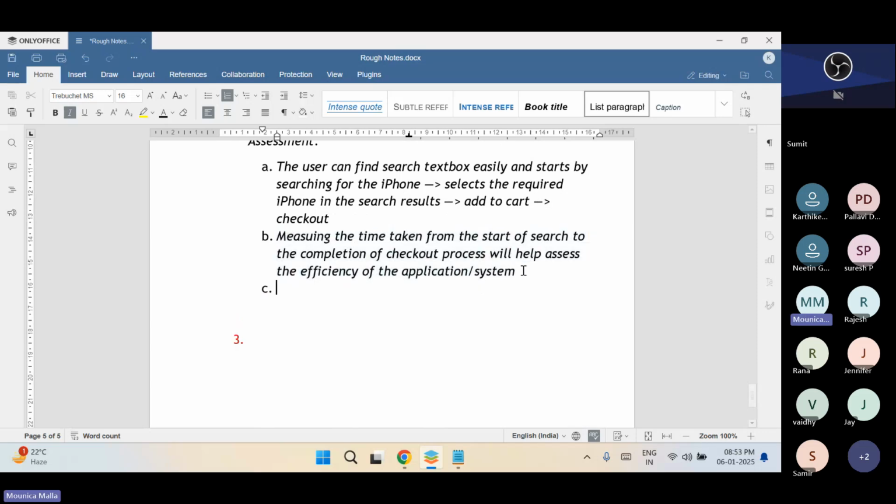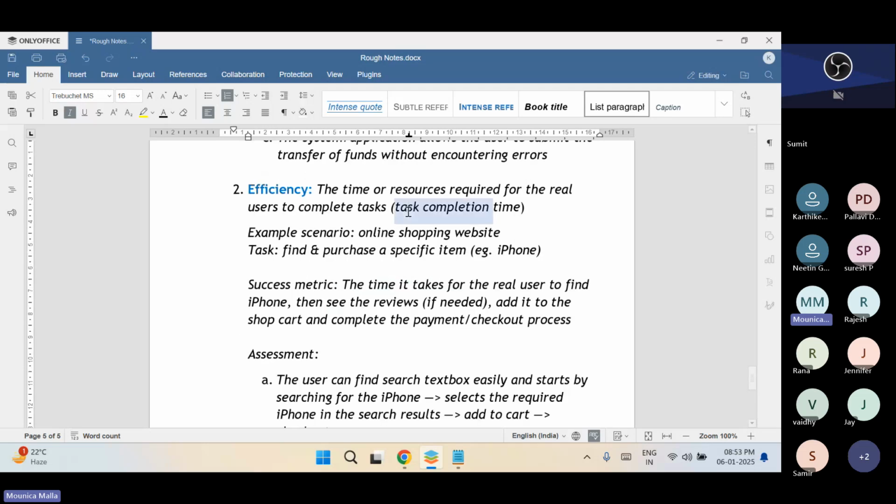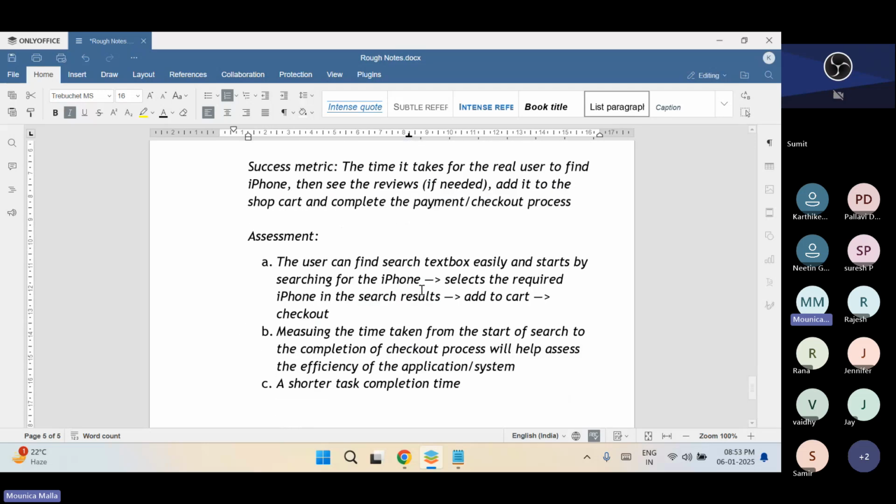Hence, I can write here a shorter task completion time. Now this task completion time is nothing but this shortcut I wrote here, task completion time.